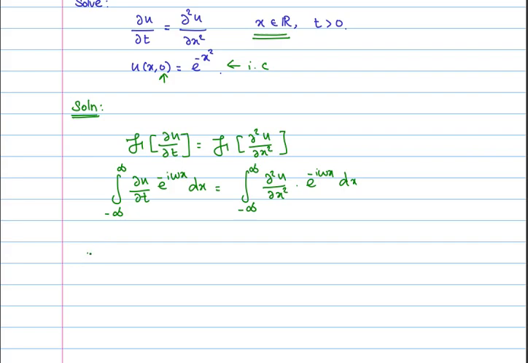This implies d by dt, because I am only taking the derivative with respect to t, of the integral of u times exponential of minus i omega x dx. Here on the right side, the derivative is with respect to x and the integration is also with respect to x.